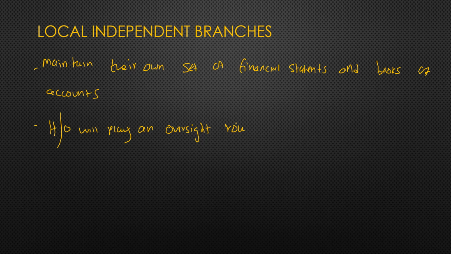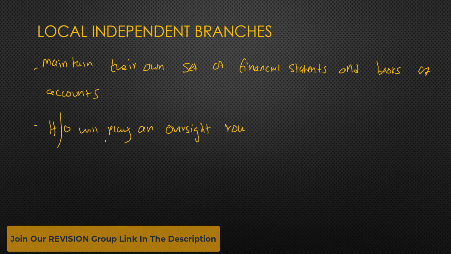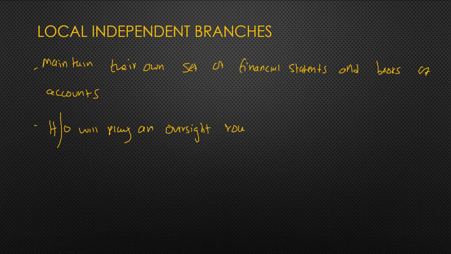In this sense, the head office will verify the operations of the independent branch, and to verify the operations of the independent branch, the head office will have to maintain an account known as the branch current account.